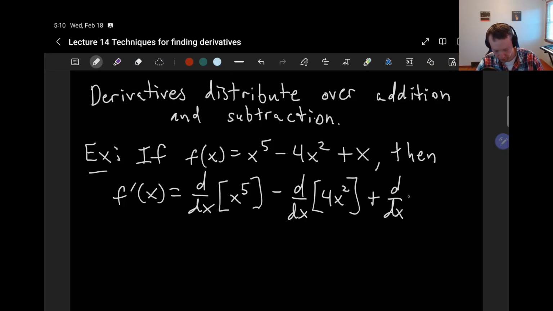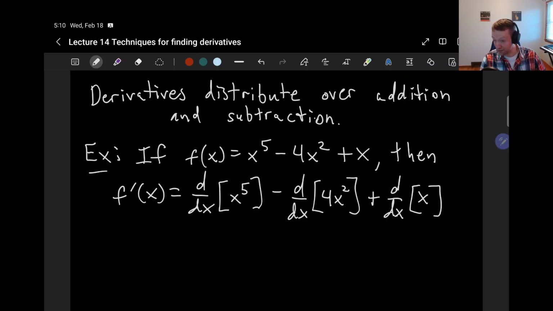Plus the derivative of x. So the derivative of the entire polynomial is found by taking the derivative of each individual term. You're allowed to do that when you have addition or subtraction.